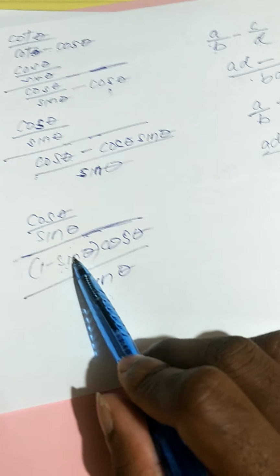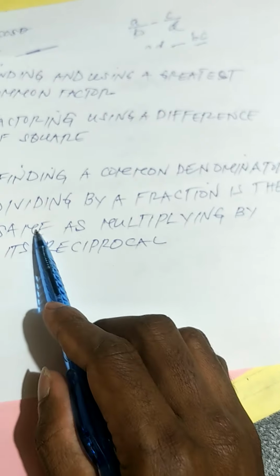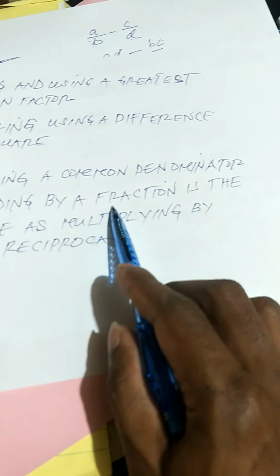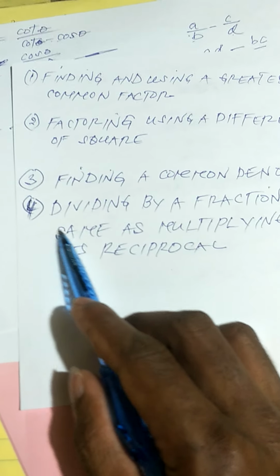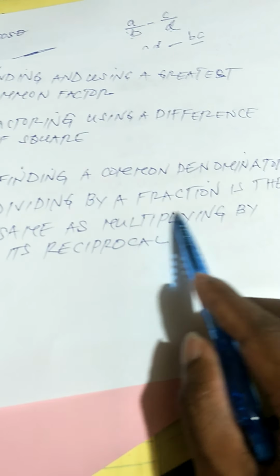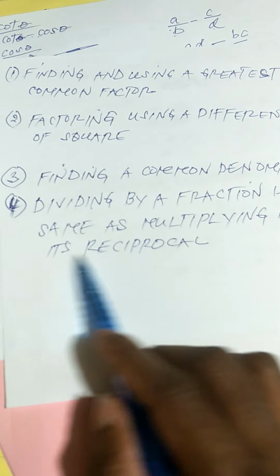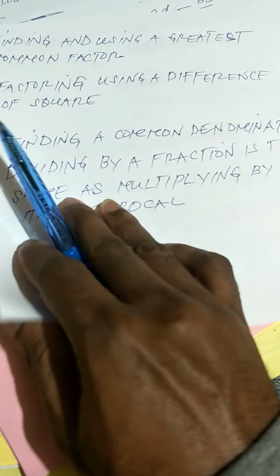So I got this one. So now I'm going to apply this rule. Rule number 4: dividing by a fraction is the same as multiplying by its reciprocal. Okay, so rule number 4 I'm going to apply here.